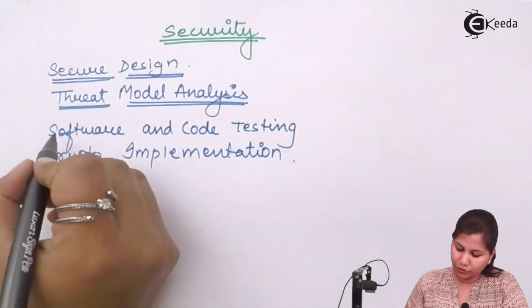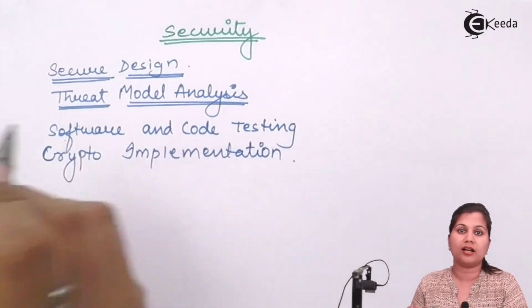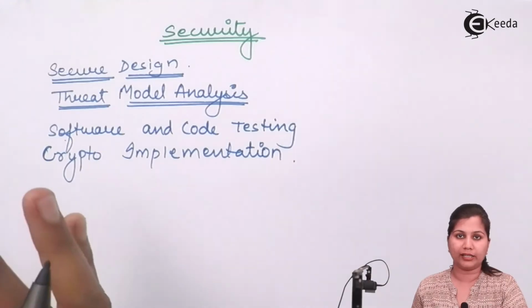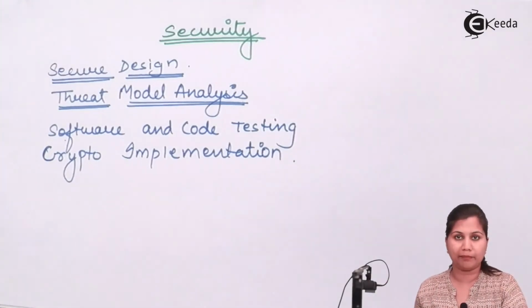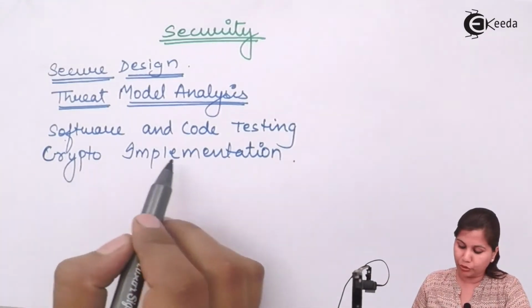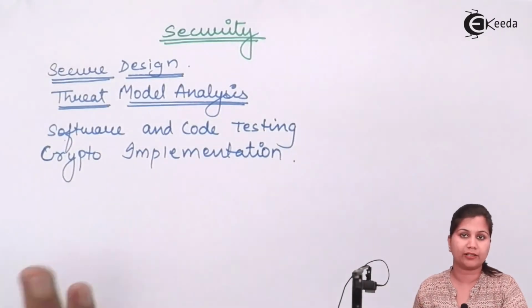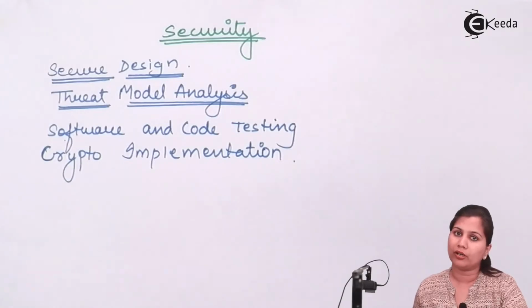Then software and code testing is done. The program code which is developed is tested for different conditions and the results are checked. After that, in the crypto implementation, it is seen whether the crypto is implemented securely and safely or not.